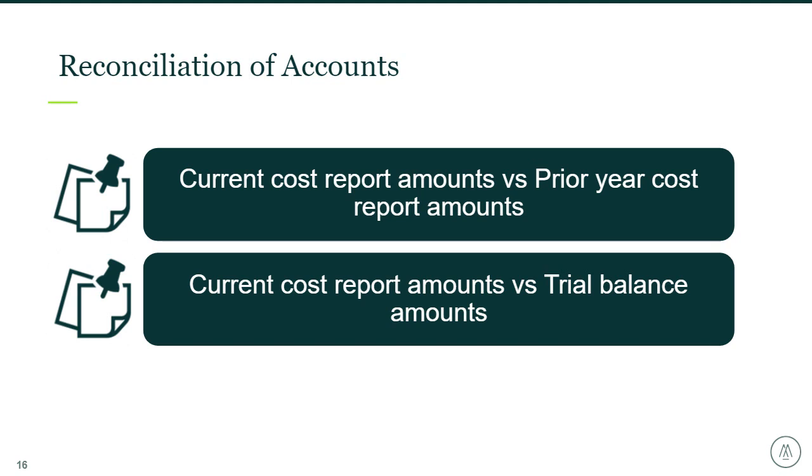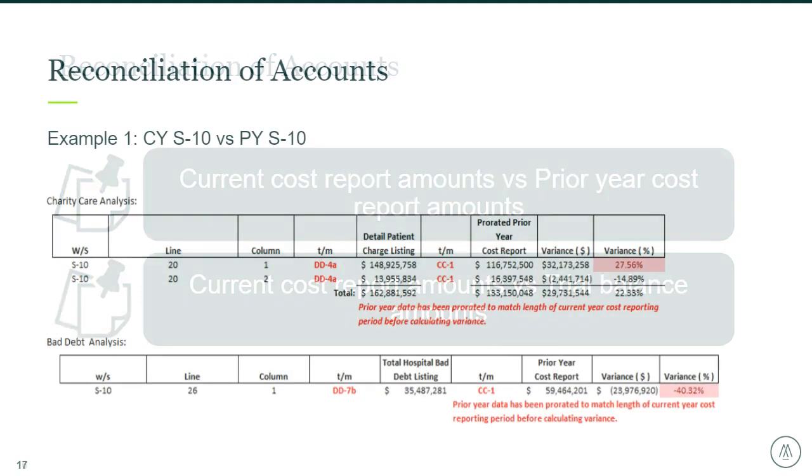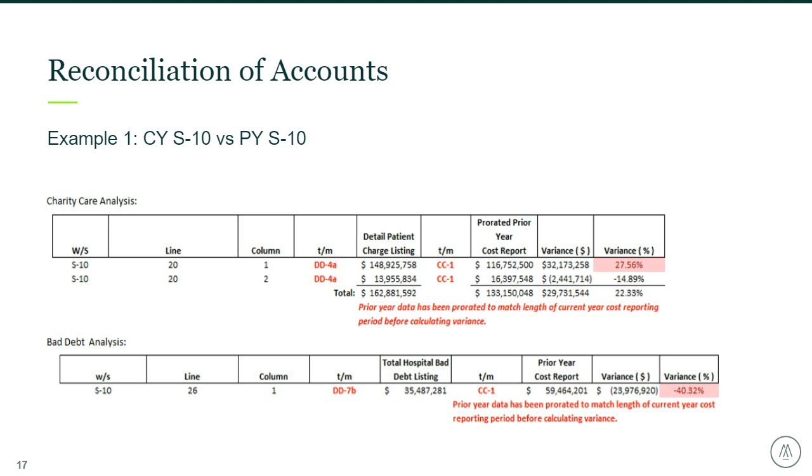So here in the next few slides, we've provided some examples of these reconciliations, and we'll go into additional detail for reasons related to any potential variances. For this example, this auditor is reviewing the current year's S-10 total for charity and bad debt to the prior year's amounts reported. We have seen questions asked related to as little as a 2 to 5% variance on some of these audits.